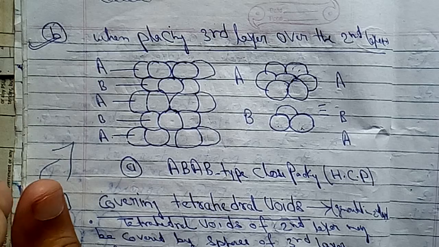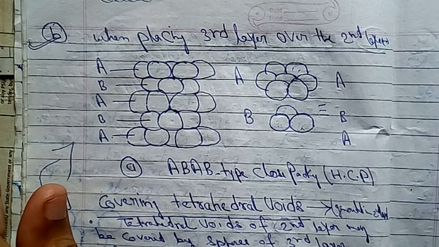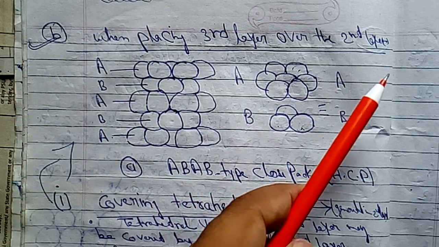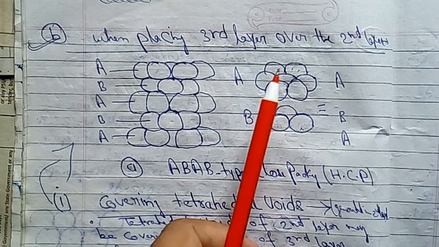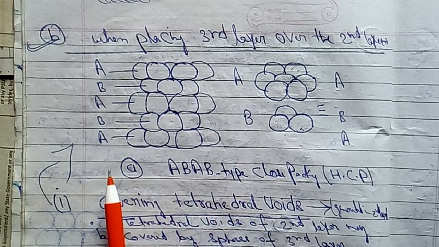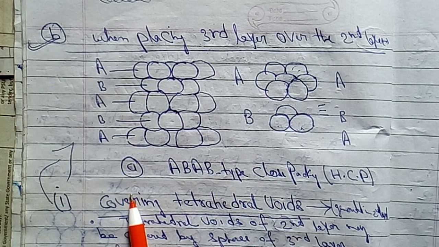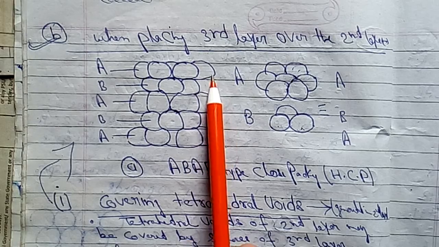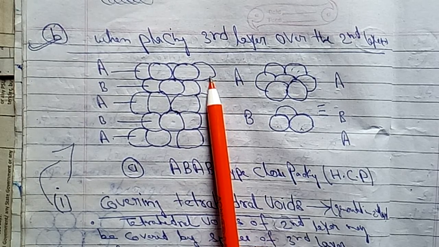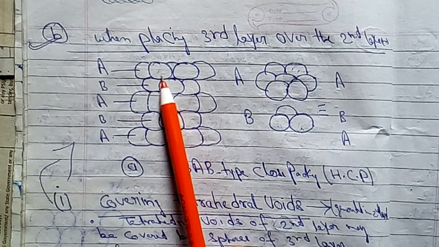Now this one will be more complex and not easy to show, so it is shown with the help of a diagram. Suppose the first layer is at the back, the second layer is this one, and the third layer is above it.